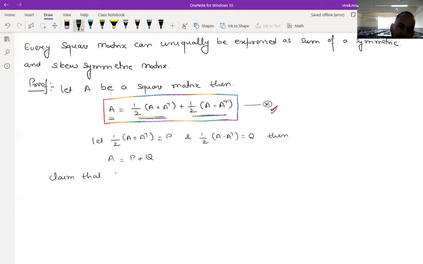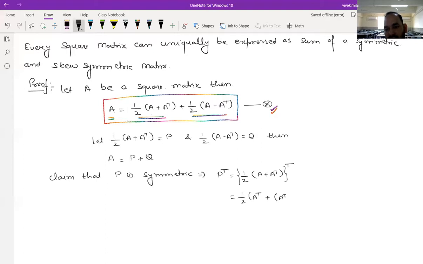Now I claim that P is symmetric। देखते हैं, P is symmetric। So symmetric को प्रूफ करने के लिए P ट्रांसपोज निकालते हैं। P ट्रांसपोज अगर P के बराबर आ जाए तो आई विल से यस इट इज ट्रू। P ट्रांसपोज मतलब 1/2 (A प्लस A ट्रांसपोज) का ट्रांसपोज, that is 1/2 (A ट्रांसपोज प्लस A ट्रांसपोज का ट्रांसपोज)। तो ट्रांसपोज का ट्रांसपोज इज अगेन A। Are you with me, students?